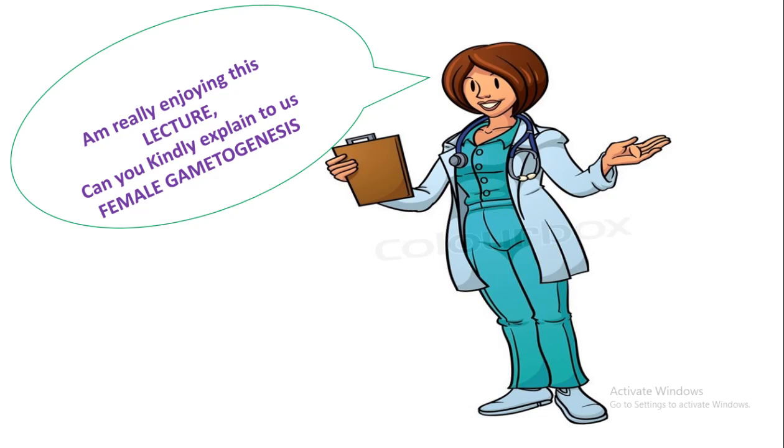Can you kindly explain to us about female gametogenesis? Really? Should I? Okay, let me do that. So I have my egg there. Oh, that's Mary's egg. So in this egg, we need to look at female gametogenesis.